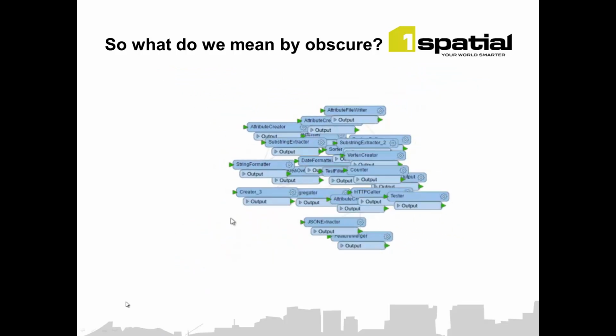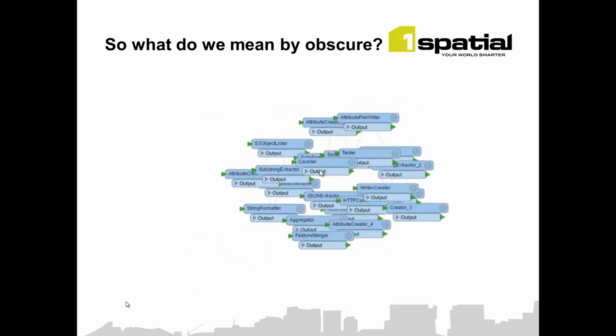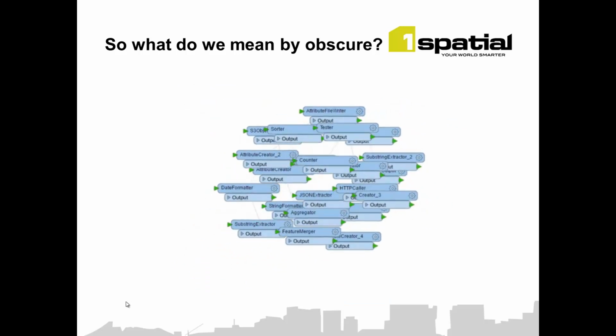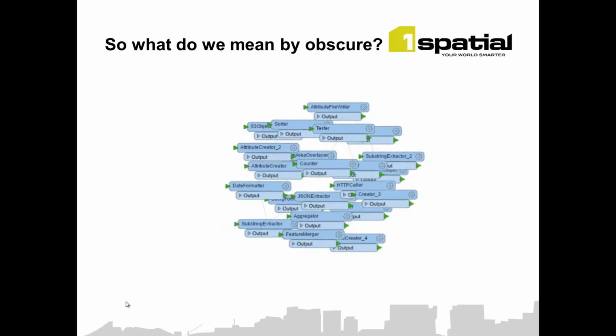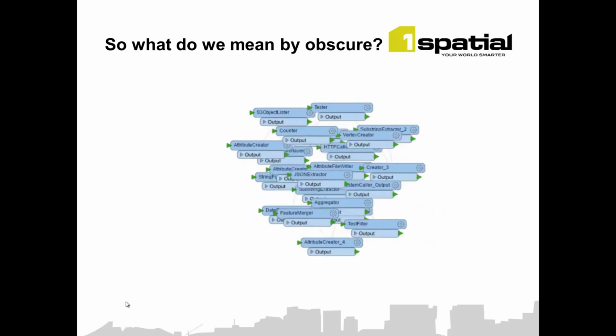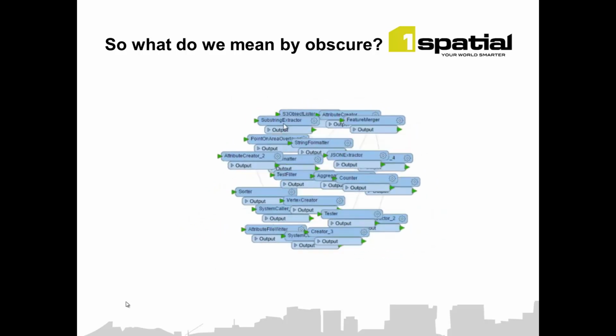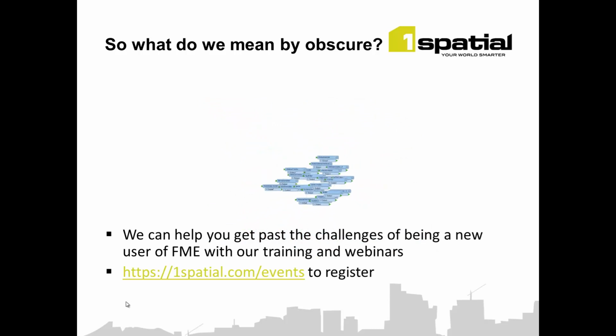That's what Safe's blogs are about, to describe the capabilities of each of the tools. Each tool or component in FME is a transformer that allows you to manipulate and restructure your data. And we want you to get past the challenges of working with a new transformer or a new version of FME, hopefully by coming and meeting us, seeing us on our training and webinar sessions.